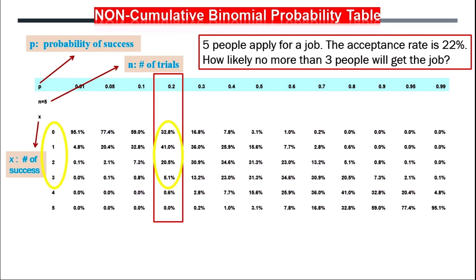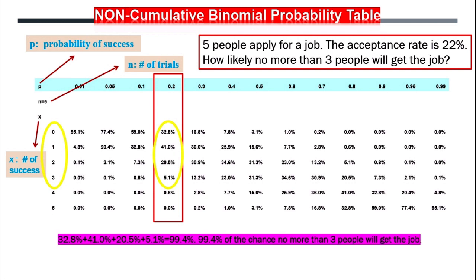So the corresponding probabilities are 32.8%, 41%, 20.5%, and 5.1%. The result is 99.4%. There is a 99.4% chance no more than 3 people will get the job.